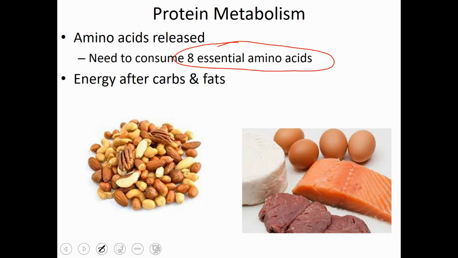But there's 8 that we need to consume in our diet. And we have a pretty well-rounded diet, so we don't have to worry about that. But less developed countries, they struggle with this because they don't have a wide variety of food to consume from, or they're just not consuming enough food. So lucky for us, we are taking in all 20 amino acids and we're able to produce them. And those 8 essential amino acids we have to make sure that we're taking in.